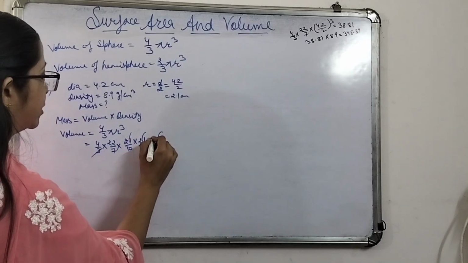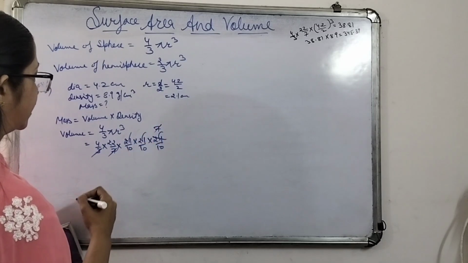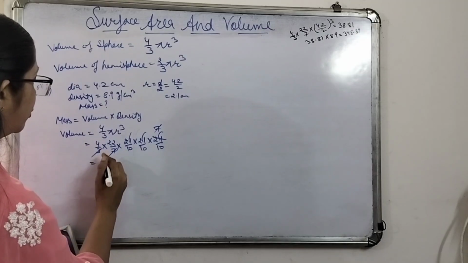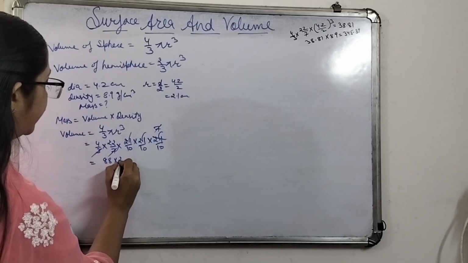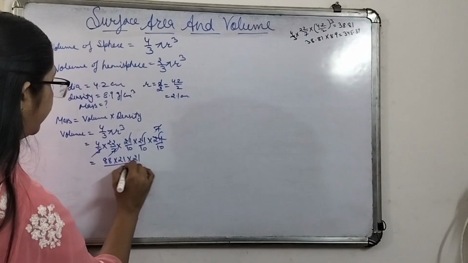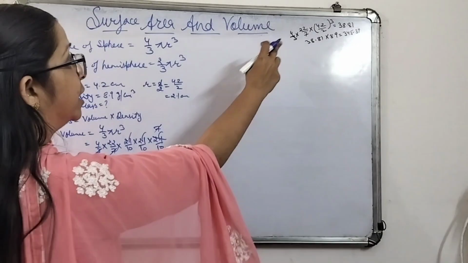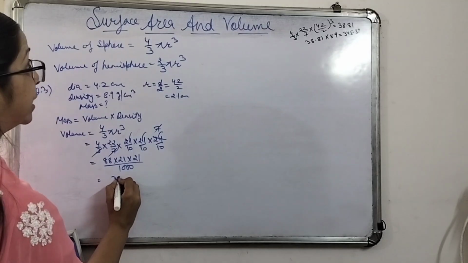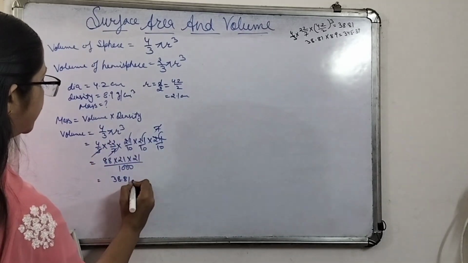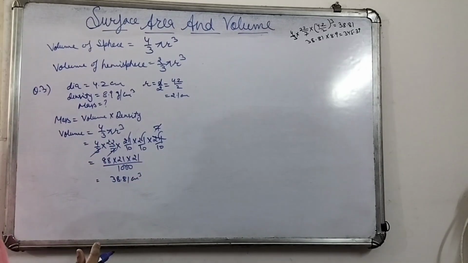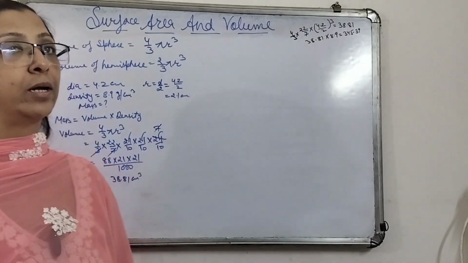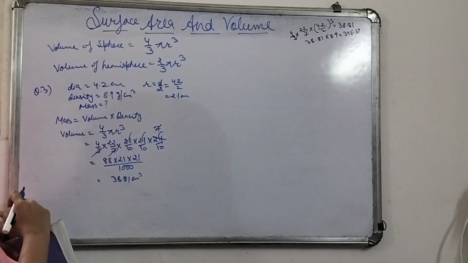Now 3, 7 is 21. 7, 7 cancelled. So remaining will be 4 into 22 which is 88, multiplied by 21 multiplied by 21 divided by 1000. If we solve it, we will get 38.81 centimeter cube. This will be the volume of the metallic ball. And now we have to find the mass of the metallic ball.